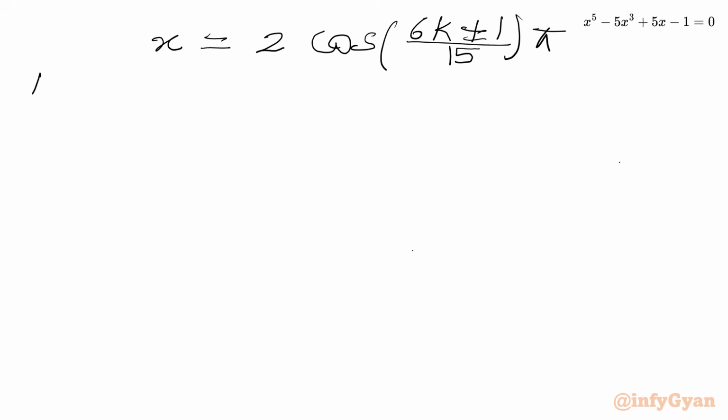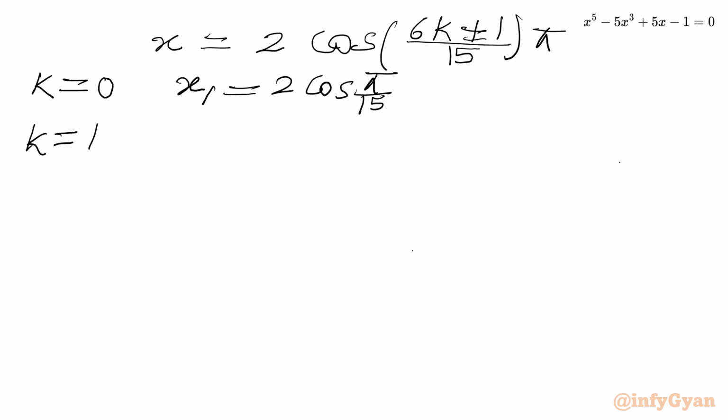Now I will put k equal to 0 to get our first root, let me write x1. By putting k equal to 0, we will get 2 cos plus minus pi over 15, which is equal to 2 cos pi over 15. Now I will put k equal to 1, so we will get x2 and x3.